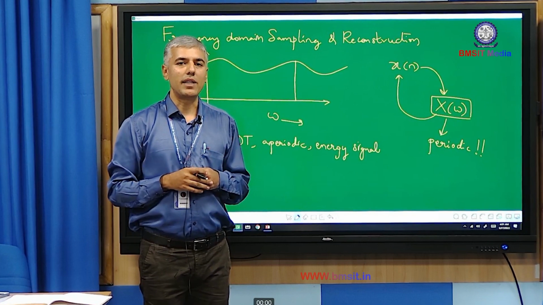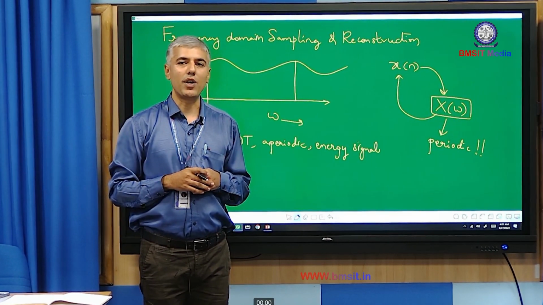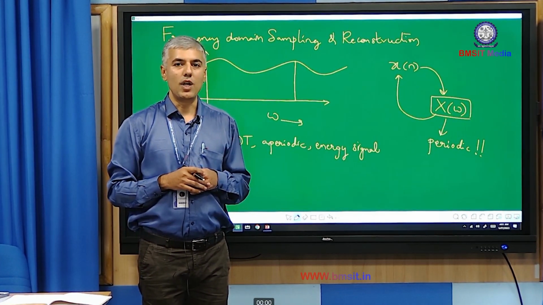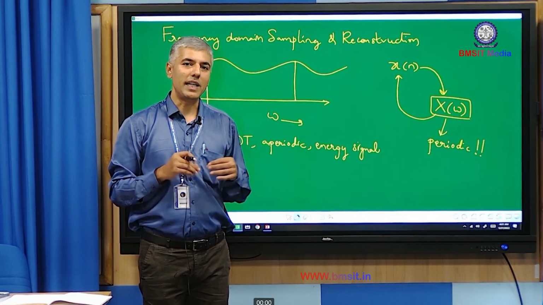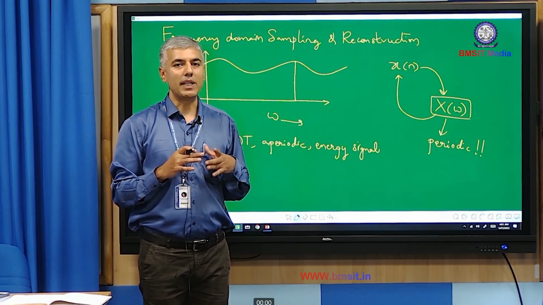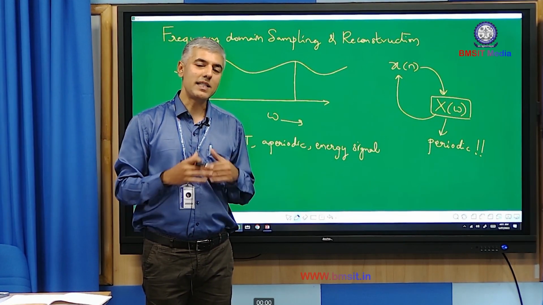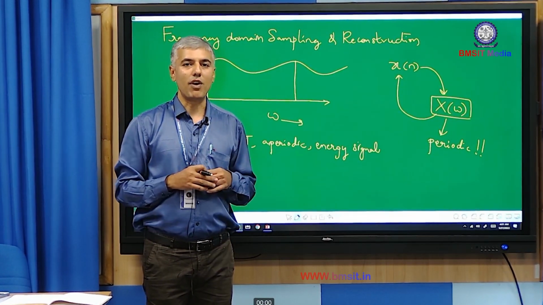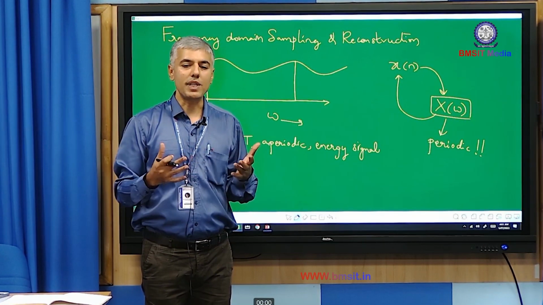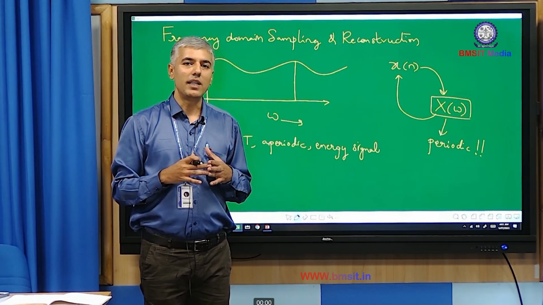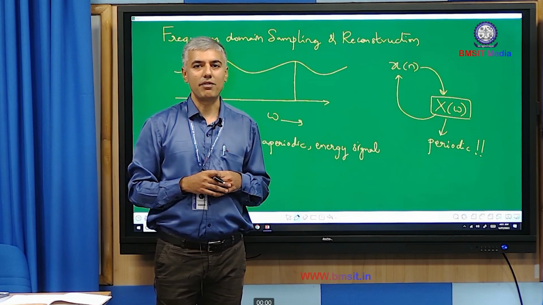Always we know that the Fourier transform is a periodic representation. The given signal x of n is non-periodic, but the Fourier representation is periodic. This itself paves the way for reducing or simplifying the complex analysis of the signal.